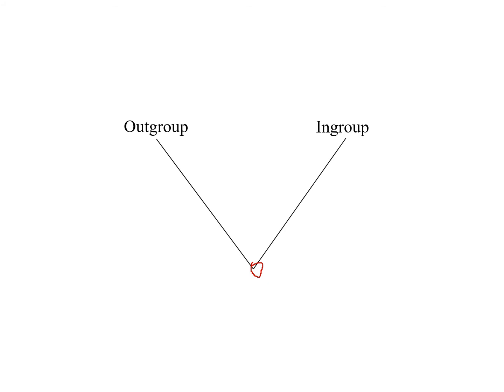So if you have a characteristic that is the same in an in-group organism as it is in the outgroup, the most logical explanation for that is that's what the trait was like in the ancestor, and they both inherited that ancestral condition.